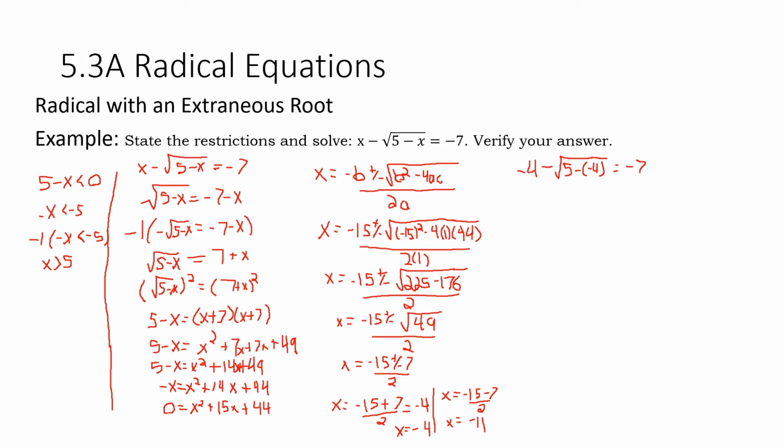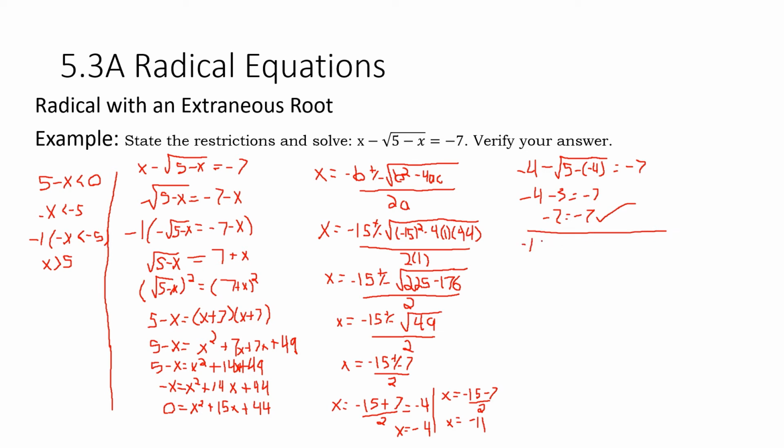So underneath here, 5 minus negative 4 would be positive 9. The square root of positive 9 is 3. So negative 4 minus 3 equals negative 7, and negative 4 minus 3 is indeed negative 7. So that one works.